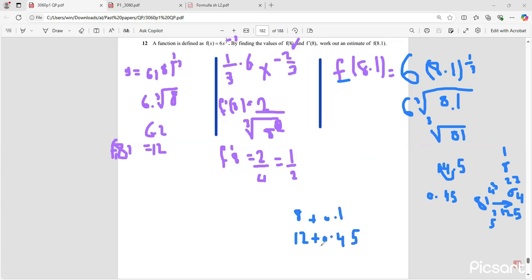By approximation, it is equal to, yeah, here it is 2 dp, so it will be equal here.